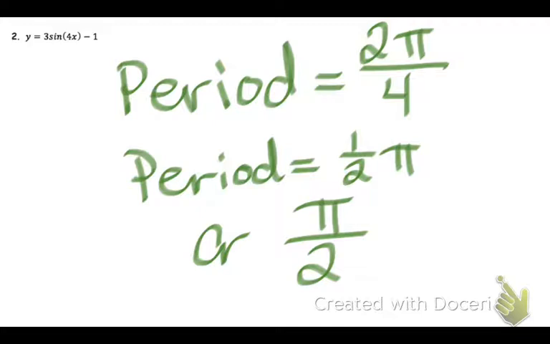Now, because there is a pi in your answer, that is a pretty good indicator that we want to use radians with our labeling of the x-axis. So, you are welcome to draw it by hand. You can use Desmos first, but I would like you to make sure you understand where each of these pieces are coming from.